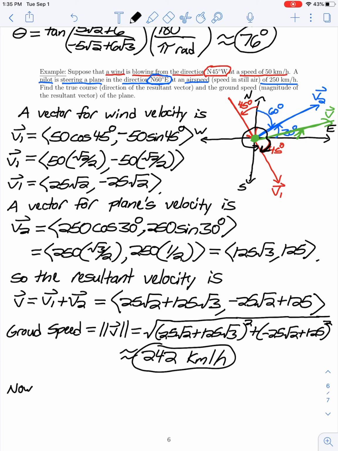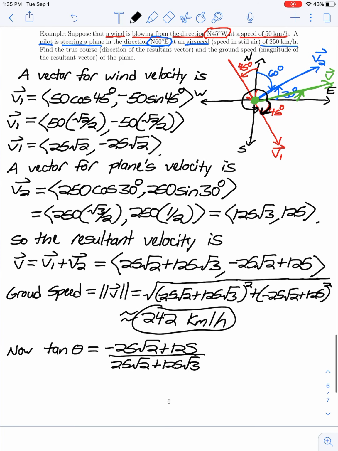So we know, in particular, that tangent of theta, where theta is that angle measure that we're interested in, is given by the ratio of y over x, where the y component of our velocity vector was negative 25 root 2 plus 125 over the x component, which was 25 root 2 plus 125 root 3.